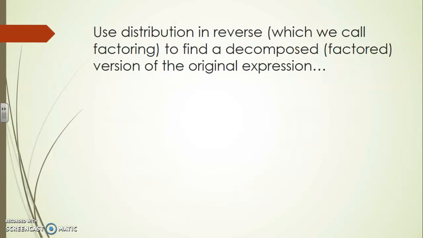Then we're going to use distribution in reverse, which we really call factoring, to find the decomposed or the factored version of the original expression. So here's where we were at our previous stage, with 4x squared being a common factor to both terms. It multiplies 2x in the first case and 3 in the second.